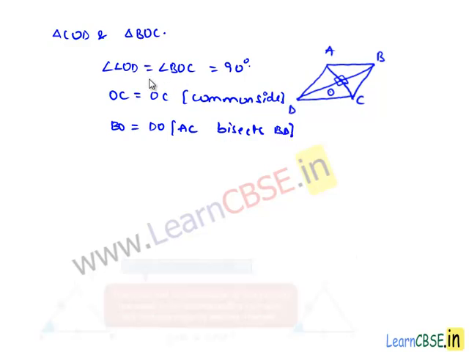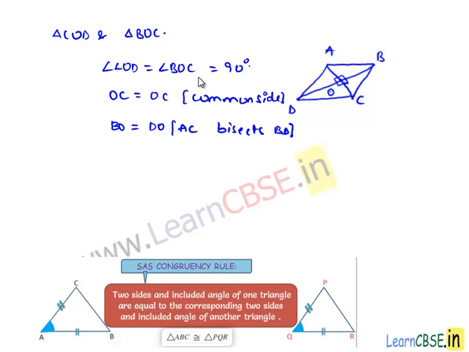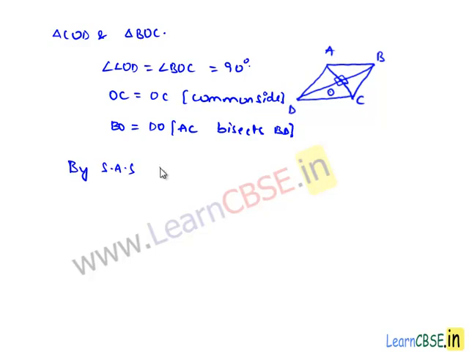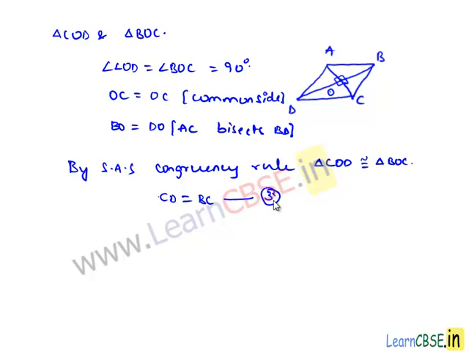So here, as in two triangles, the corresponding angle and two corresponding sides are equal, we can say by SAS congruence rule, triangle COD is congruent to triangle BOC. Now when two triangles are congruent, we can say their corresponding sides and angles will be equal. So here the corresponding sides CD can be equated to BC. Let us name it as equation number 3.